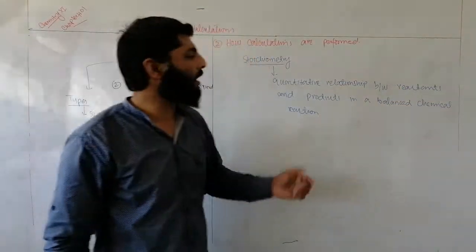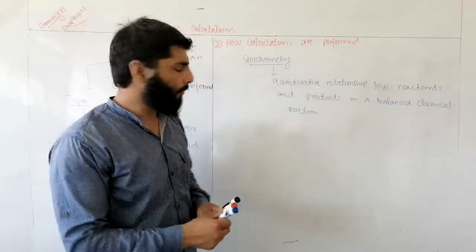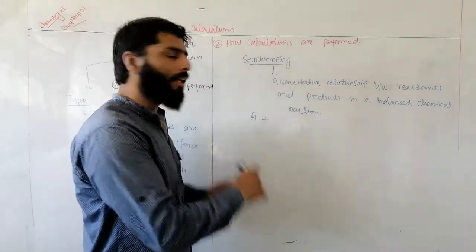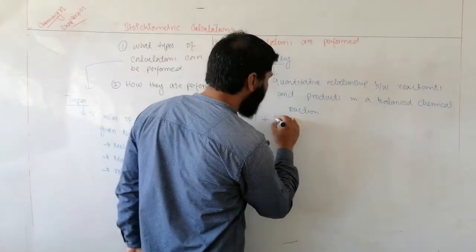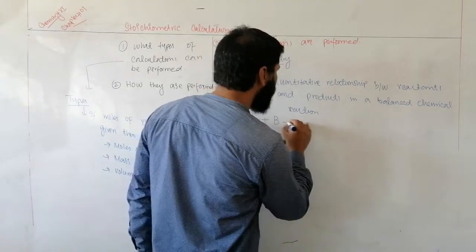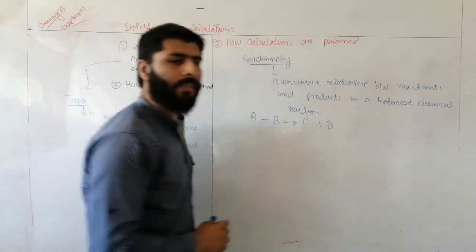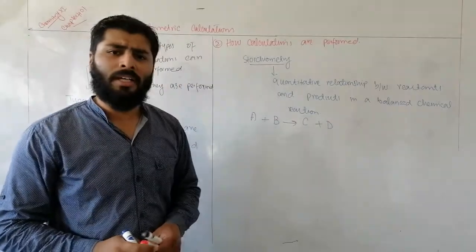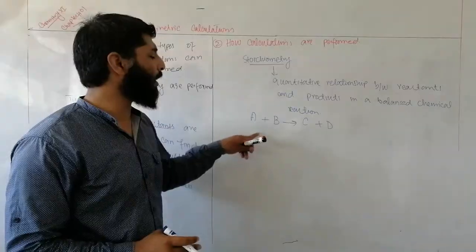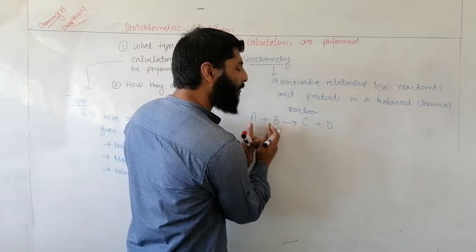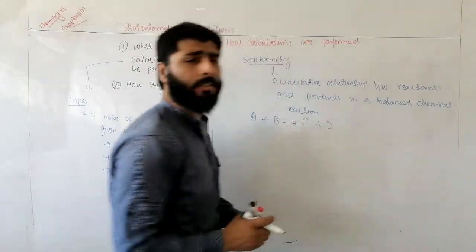reaction. If you have a reaction in which A moles of a reactant A reacts with another reactant B and produces the products C and D, this is the balanced chemical reaction you have. This is a symbolic or representative reaction in which two reactants combine with one another to produce two products.